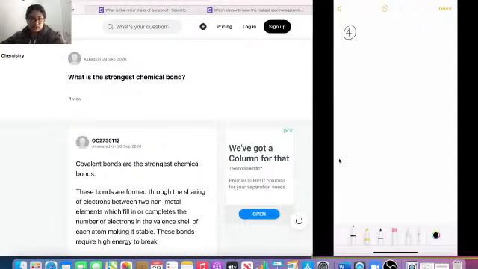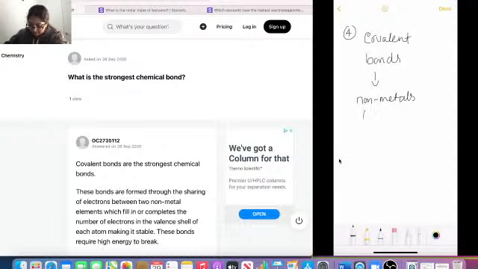Okay, our next question says, what is the strongest chemical bond? Over here they are saying that covalent bonds are the strongest chemical bonds. Covalent bonds, if you recall, are bonds that are formed between non-metals, right?